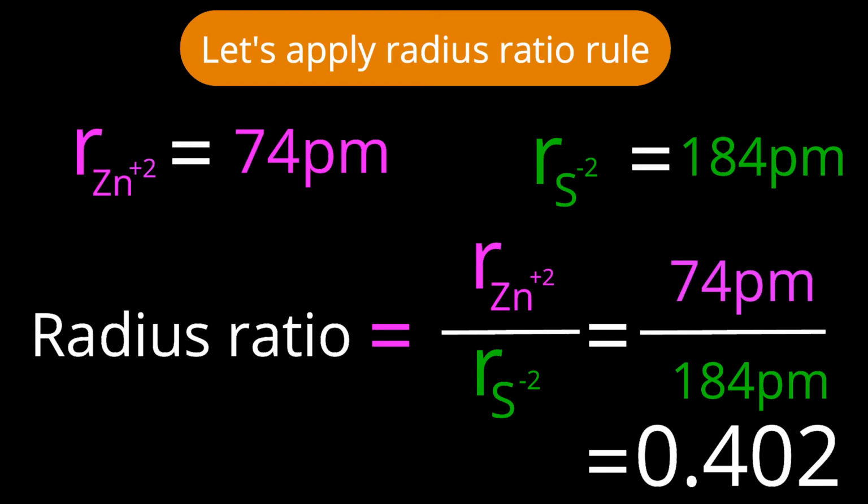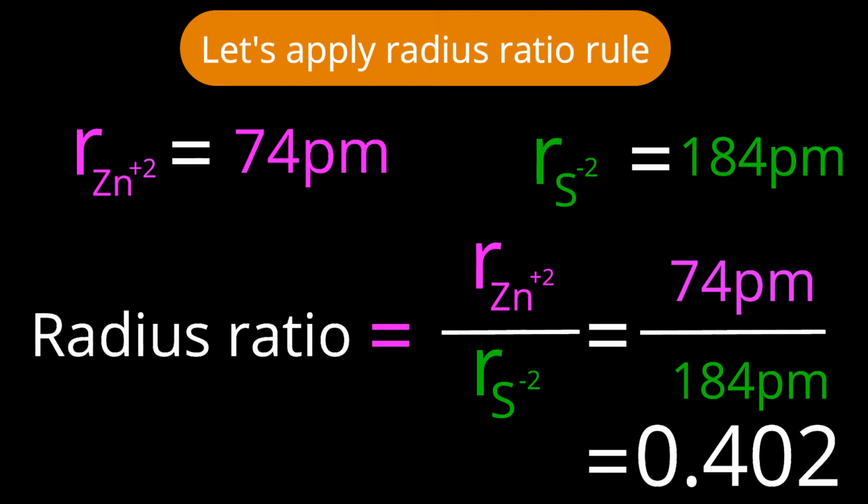Let us apply the radius ratio rule for our current ionic solid. Which two ions are there? One is the zinc ion, Zn plus 2, and the other is the sulfide ion, S minus 2. The radius of the zinc ion is 74 picometer, while that of the sulfide ion is 184 picometer.